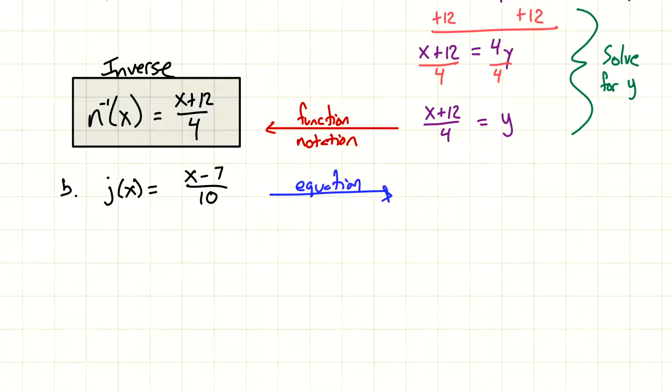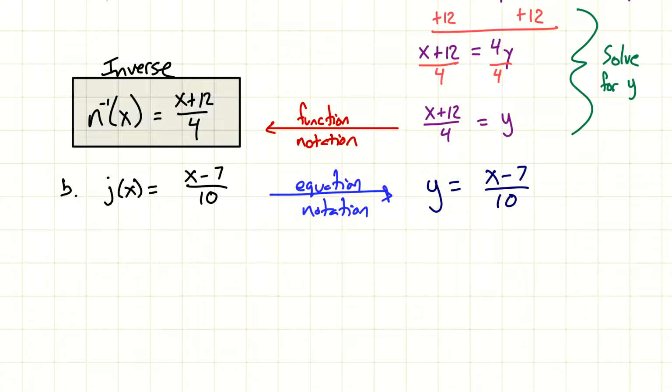So equation notation, writing this out just to remind you. And so we're going to replace this j of x with y equals, sorry, blanked out for a second. So we're going to put y equals x minus 7 over 10. That stays the same.